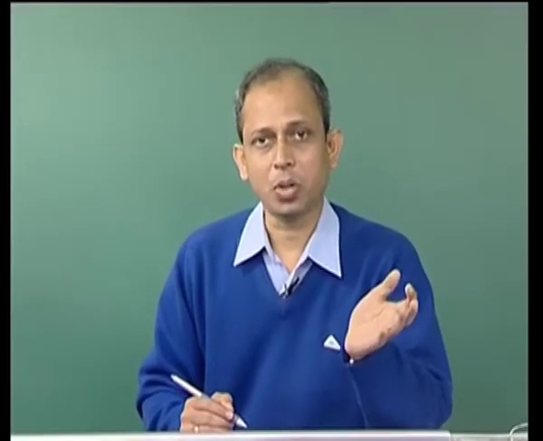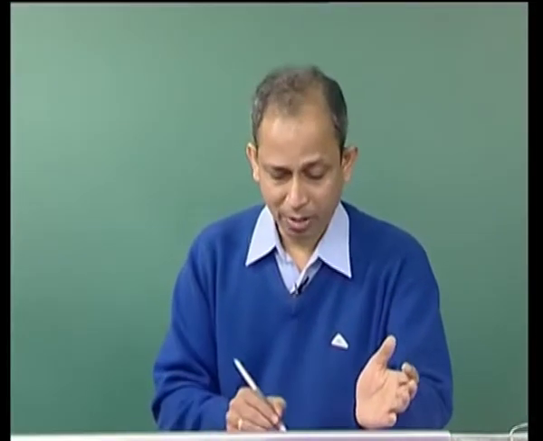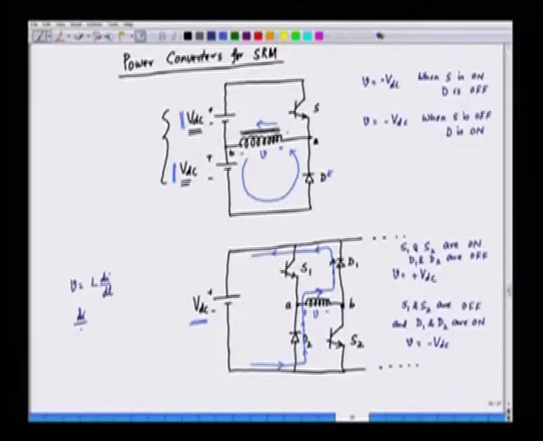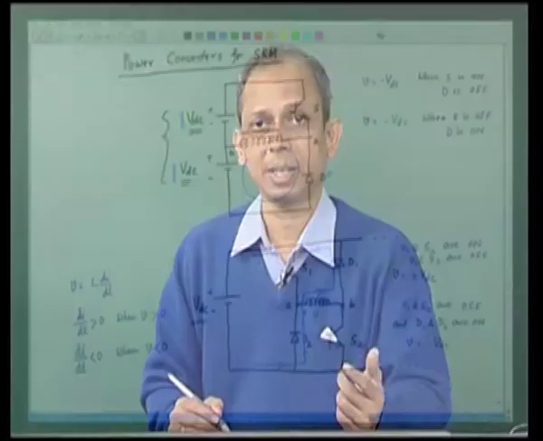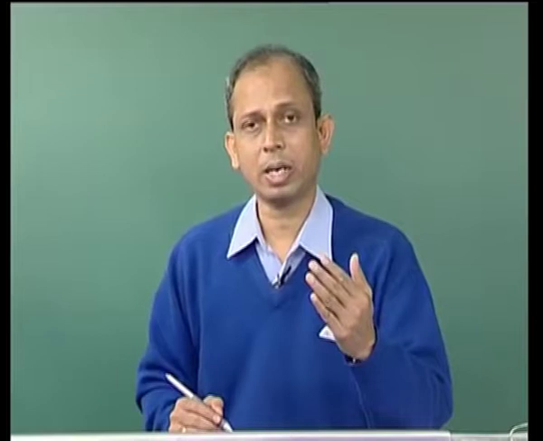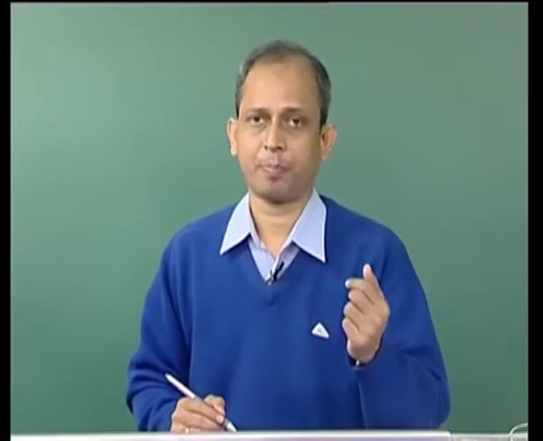By applying a positive voltage, di by dt is positive when V is positive, and di by dt is negative when V is negative. So, we can in fact control the current and maintain the current in the winding when it is necessary.